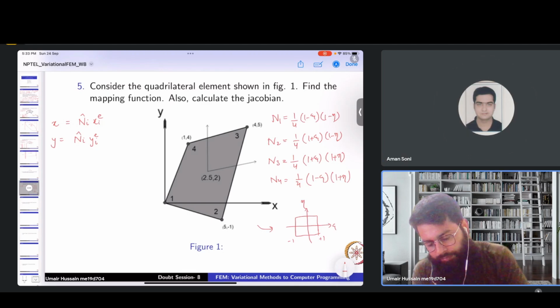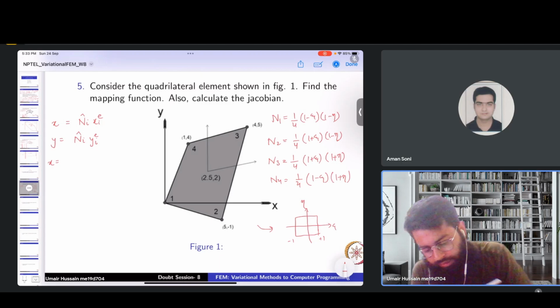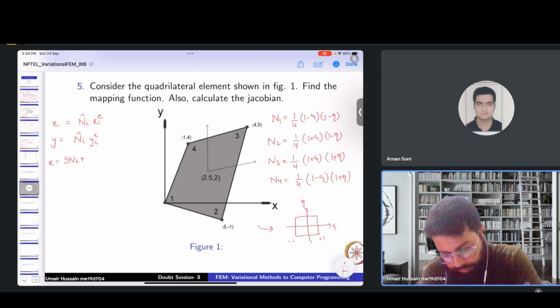Okay, so now we just have to put them in the formula. The coefficient of N1 is anyway 0. So start with N2, 5 N2 plus, how come this is 5 minus 1?